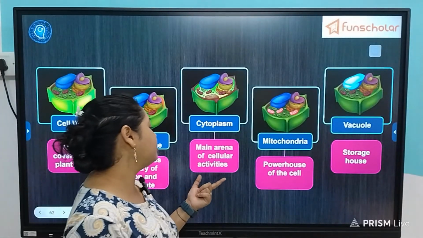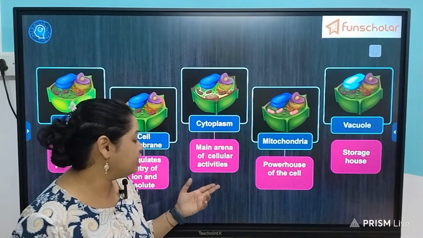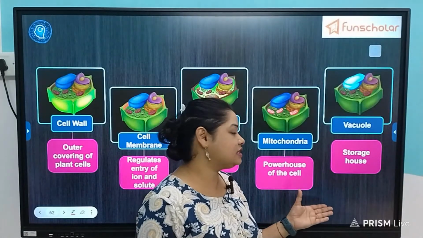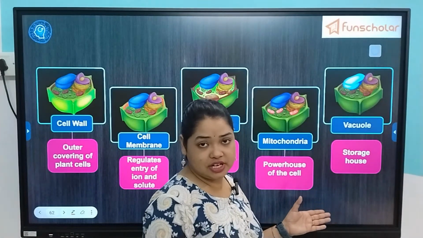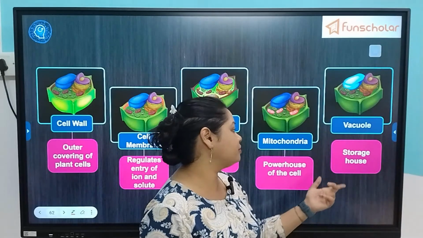The cytoplasm is the main area or the floor, as it acts as the medium for the cellular activities. Mitochondria supplies the energy in the form of the energy currency, that is the ATP. That is why it is known as the powerhouse of the cell.